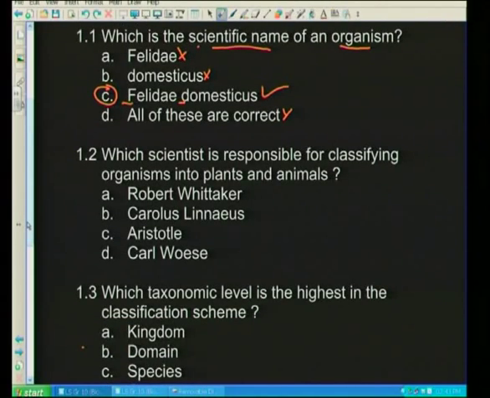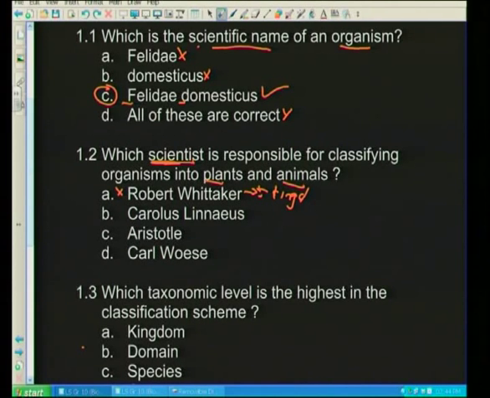So Felidae domesticus, which is actually your cat, is the correct scientific name of an organism. Let's look at number 1.2. They want to know the scientist that is responsible for classifying organisms into plants and animals. So the scientists, plants and animals, that's your keywords. Now we know that Robert Whittaker actually brought about the 5 kingdom system. So he is out.